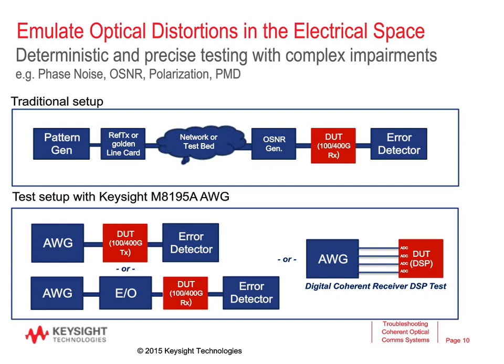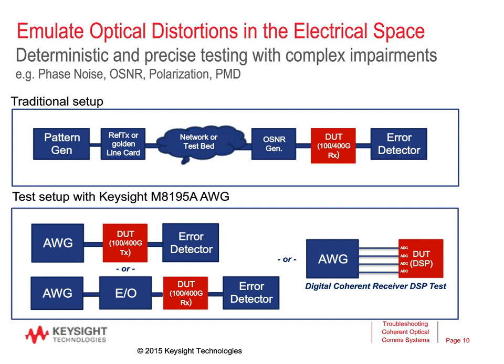So in a traditional setup, we would use a pattern generator to get the digital data. Then most of the time people use a golden receiver or a line card or a reference transmitter. Then they launch this signal into their network or test bed, and finally they run an OSNR generator, which is basically adding some unmodulated light or reducing the optical signal to noise ratio.